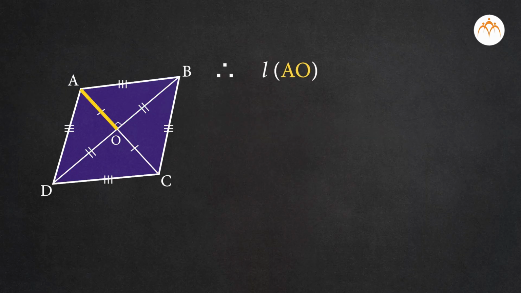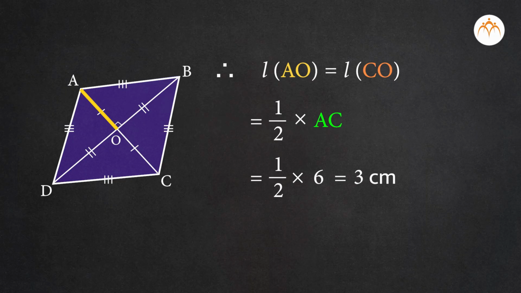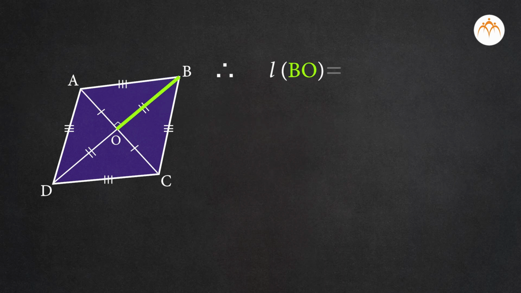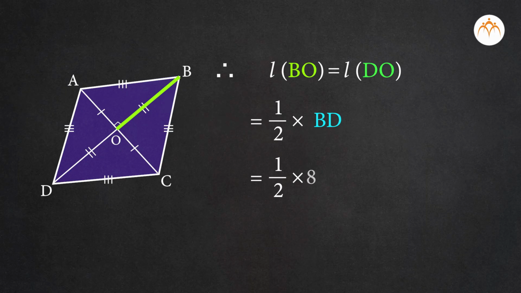Therefore, length AO is equal to length CO is equal to 1 upon 2 into AC is equal to 1 upon 2 into 6 is equal to 3 cm. Equation 1. And length BO is equal to length DO is equal to 1 upon 2 into BD is equal to 1 upon 2 into 8 is equal to 4 cm.